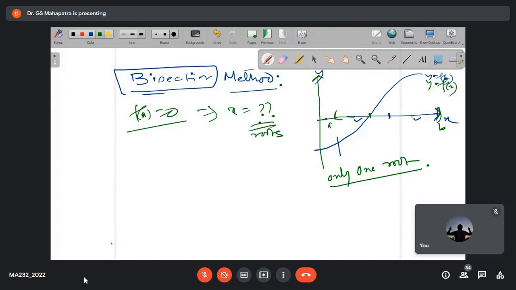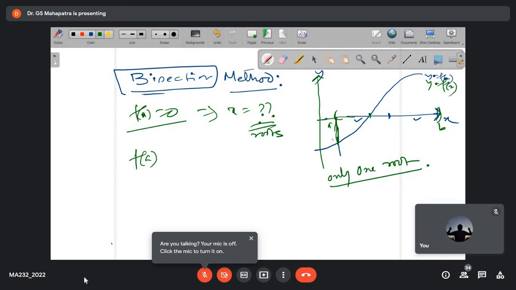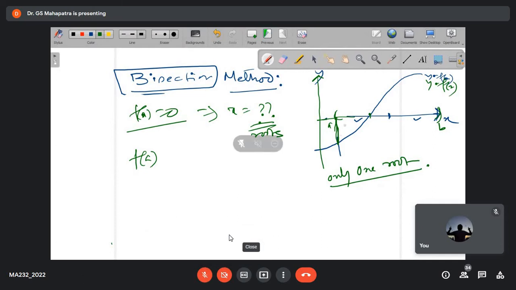Now, just from the figure A to B, what is f of A? Graphically, this is f of A. What is that? The perpendicular distance from the point A to the curve y equals f of x.